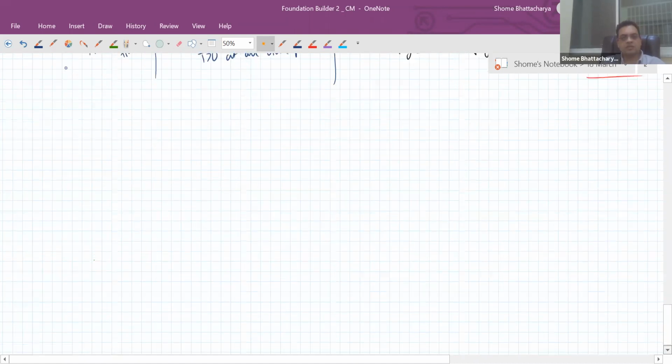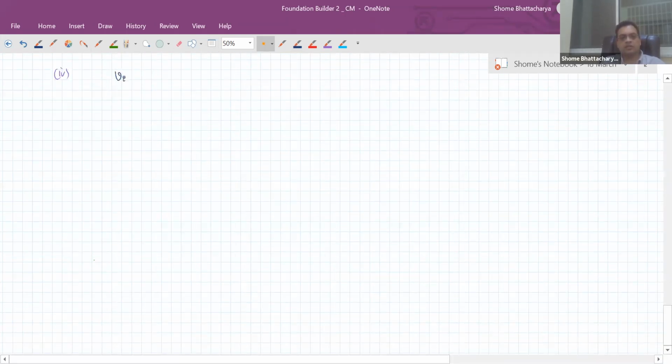So the fourth case is when V naught is greater than or equal to root 5gL. So it completes vertical circular motion.